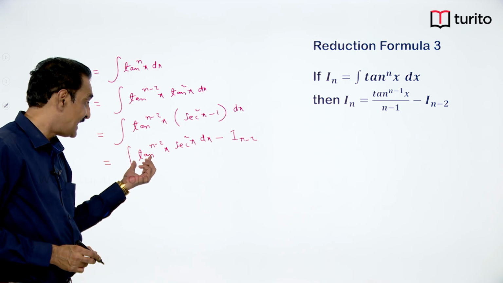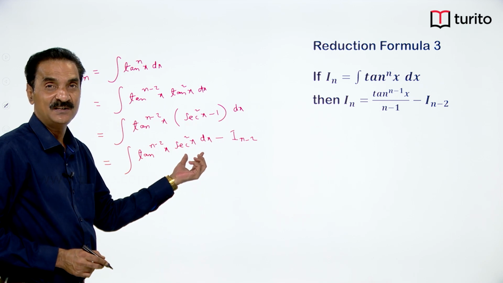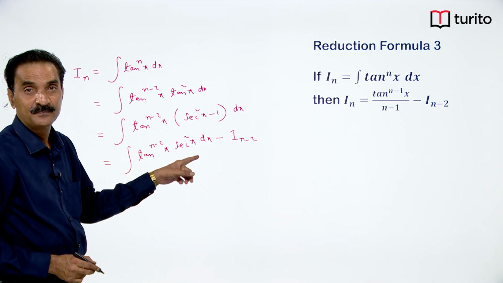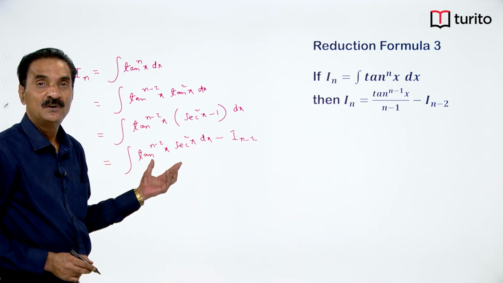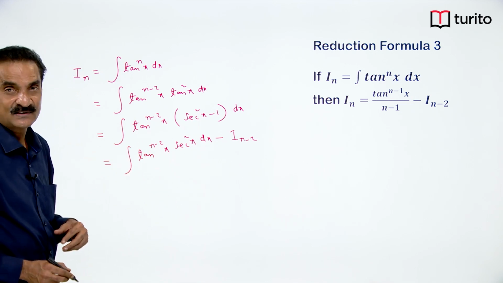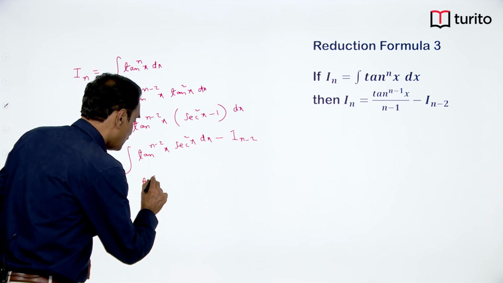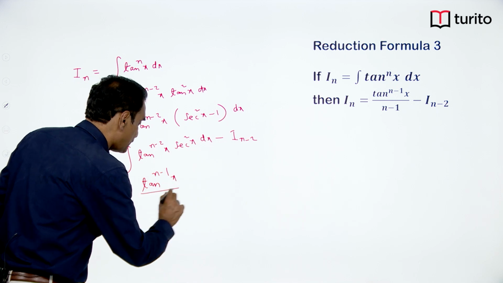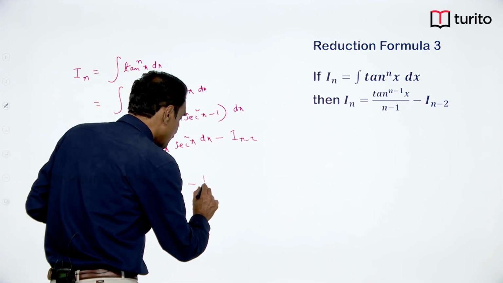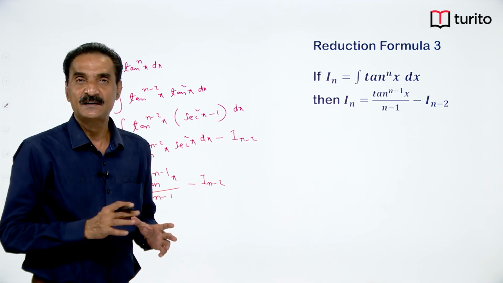So, if you put tan x is equal to t, secant square x into dx becomes dt. Then it will be integral t power n minus 2 into dt. What is the integral of t power n minus 2? T power n minus 1 by n minus 1. T is tan x. So, it is tan power n minus 1 x by n minus 1, minus I n minus 2. It is proved directly in 2-3 steps.